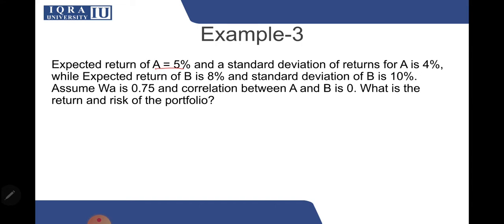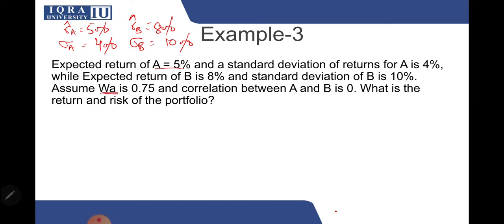So let me just write this down over here, that the expected return for A is 5% and the standard deviation of A is 4%, while the expected return of B is 8% and the standard deviation of B is 10%.